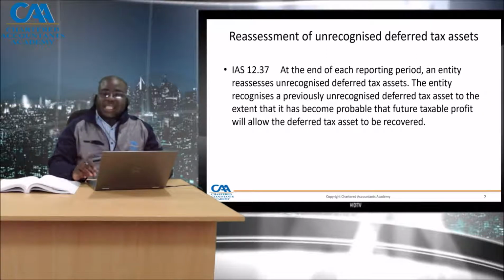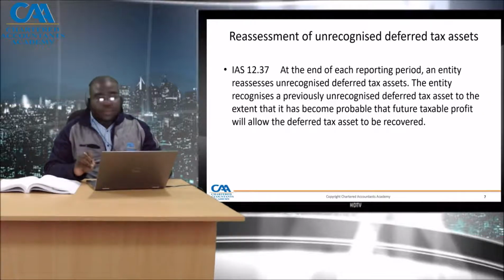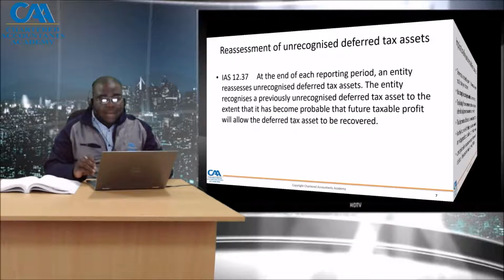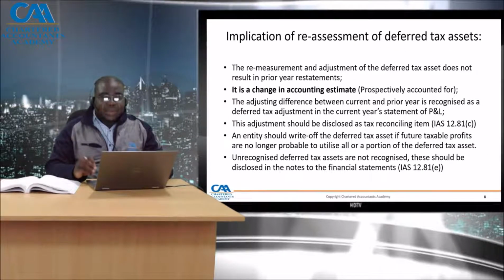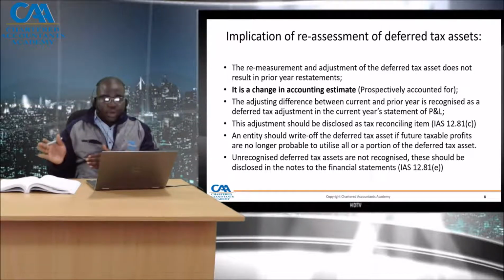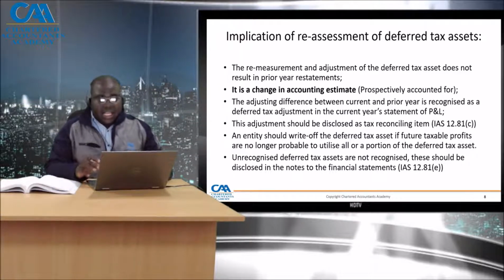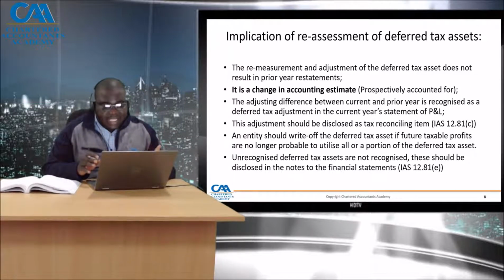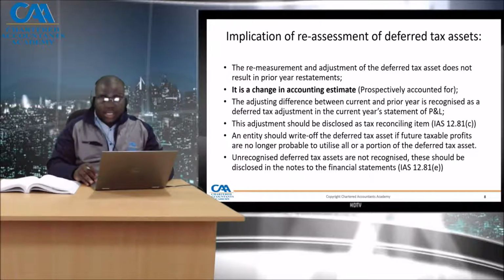Implications of reassessment of deferred tax assets. The remeasurement and adjustment of the deferred tax asset does not result in prior year restatements. It is a change in accounting estimate and should be accounted for prospectively. So that is also very important, and deferred tax assets and unrecognized deferred tax assets should be disclosed in the financial statements.